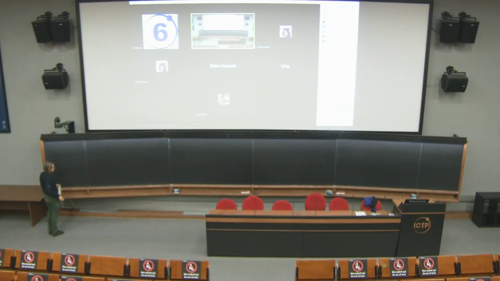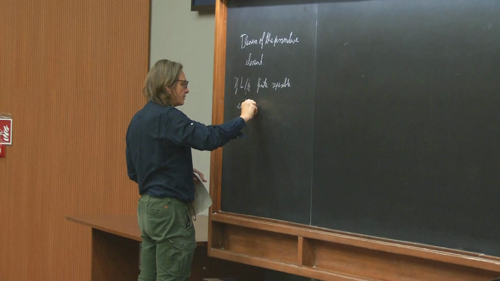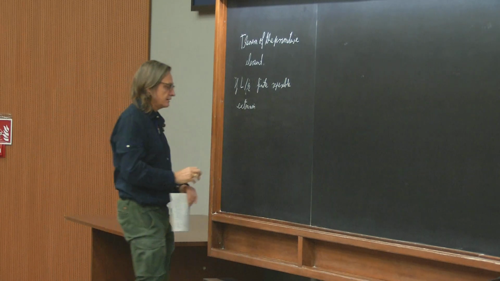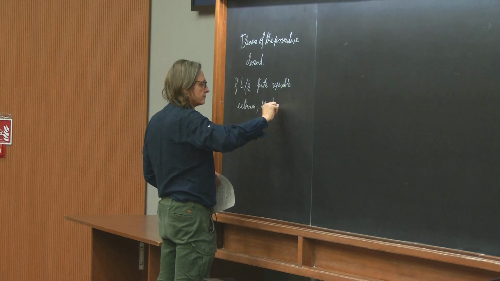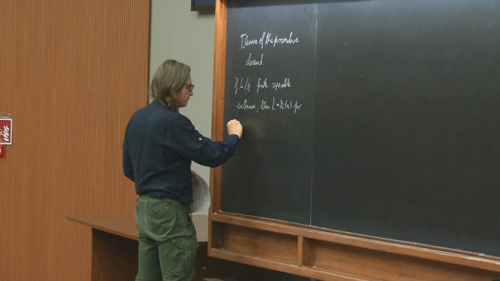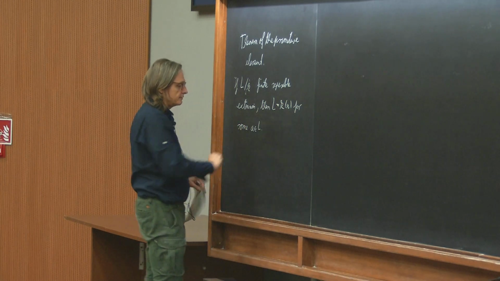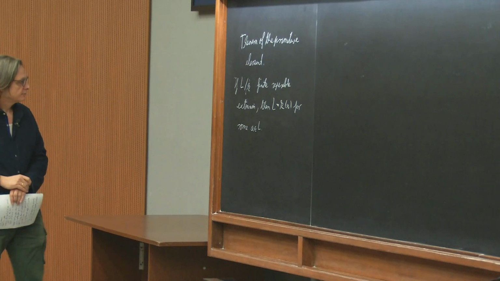By stating, or by proving, the theorem of the primitive element. This said that if L over K is a finite separable extension, then it's a simple algebraic extension, for some element A in L. Okay, so we will continue later.